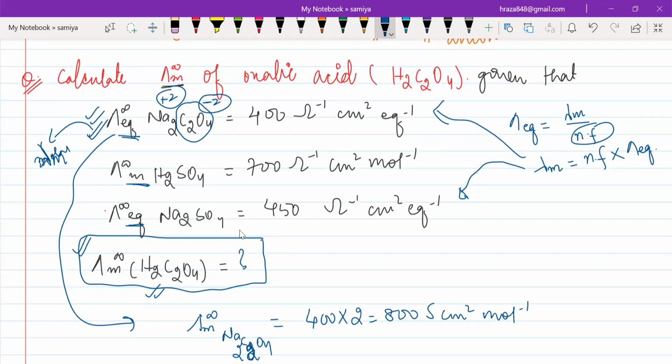In the same way, we calculate lambda naught m for Na2SO4. What will be the n factor of Na2SO4? 2. So 2 into 450 will be equal to 900 Siemens centimeter square per mole.